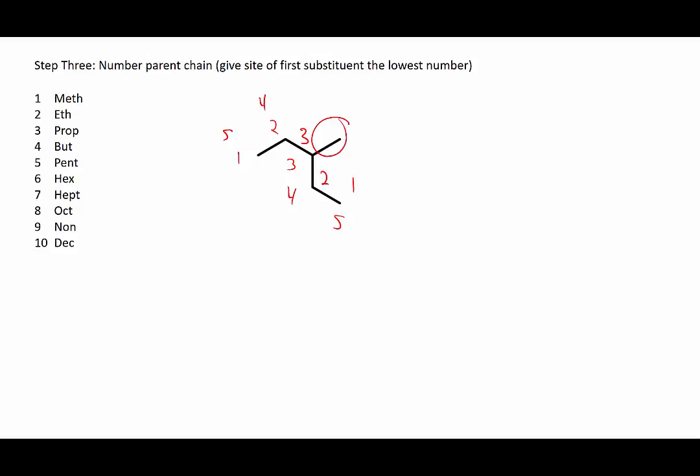Now in this example, it doesn't really matter which direction you number from, because the methyl group will show up at the 3 position either way. But in other cases, you want to make sure that the first substituent that you get to has the lowest number. So in this case, when we're talking about our molecule, it's a methyl group. We're going to say it is a 3-methyl group, because the methyl group comes off of the 3rd carbon.